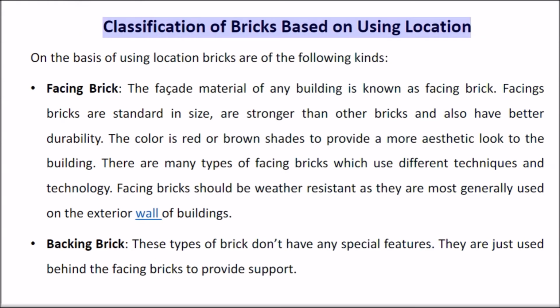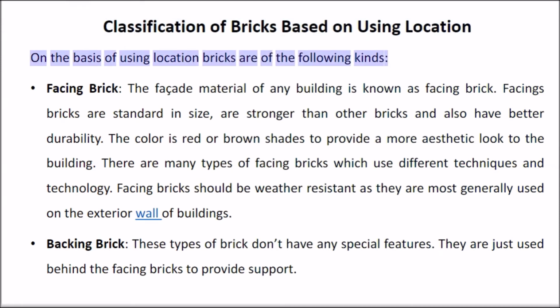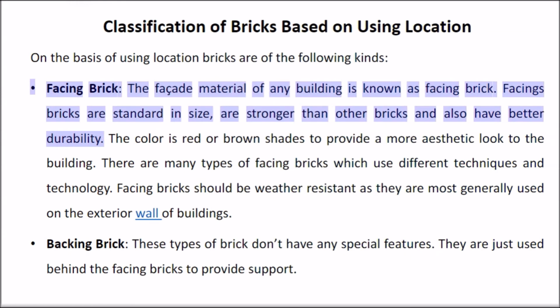Classification of bricks based on using location. On the basis of using location, bricks are of the following kinds. Facing brick. The facade material of any building is known as facing brick. Facing bricks are standard in size, are stronger than other bricks, and also have better durability.